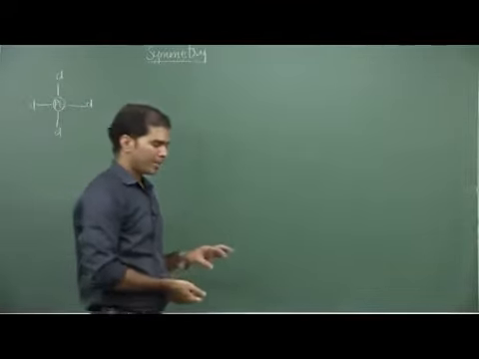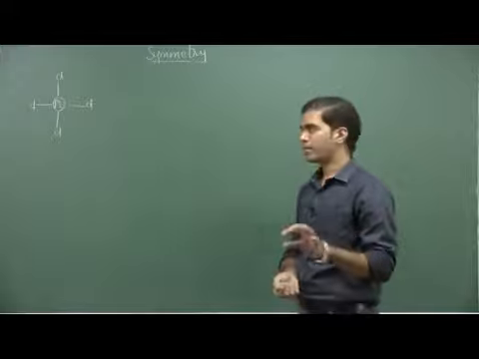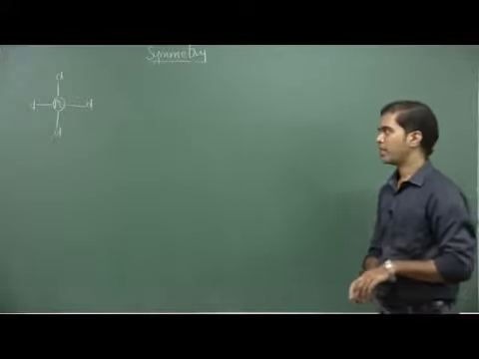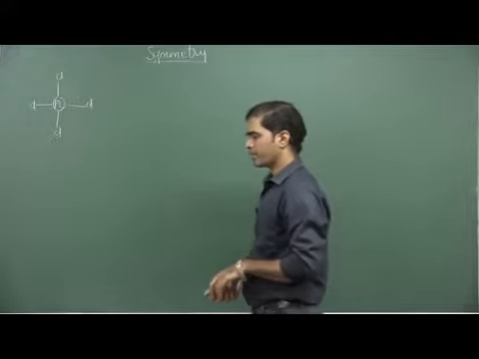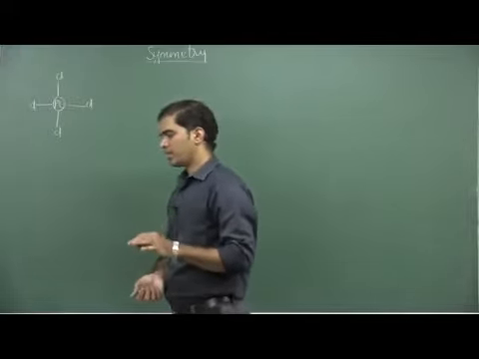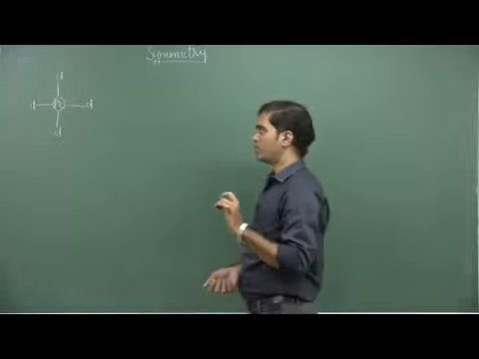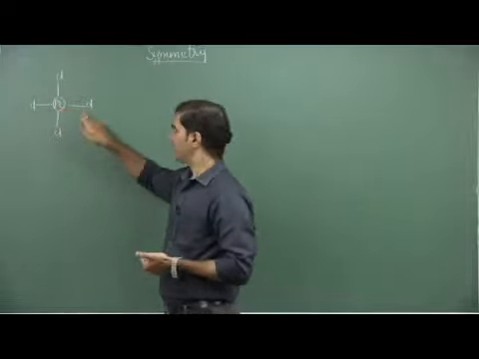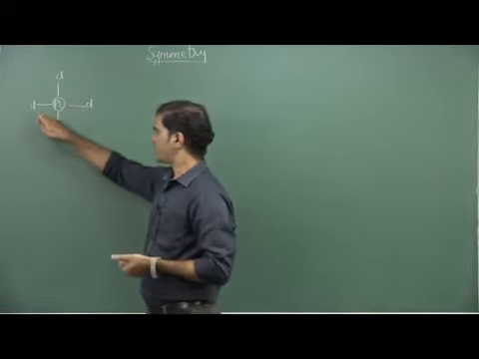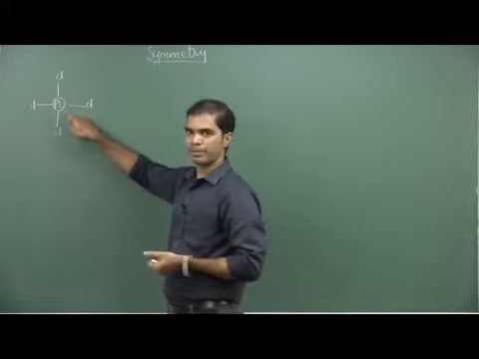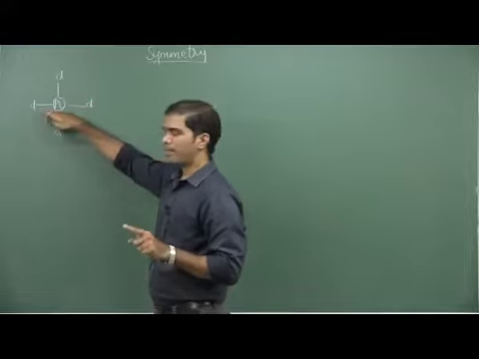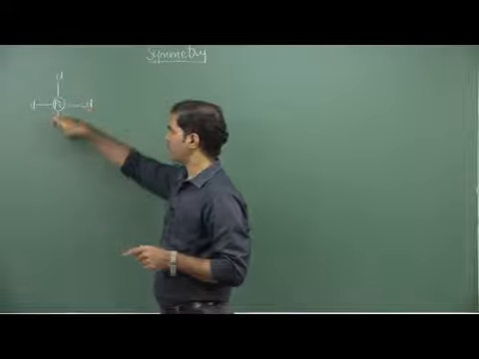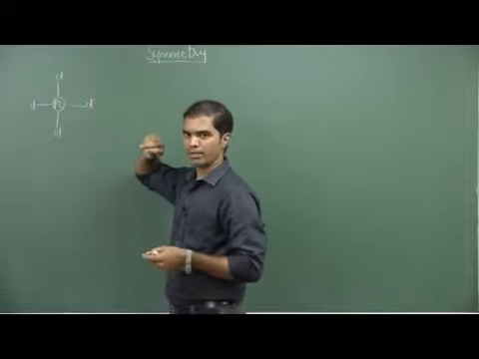Now before I put the structures, you can just take a while. You can check what different kinds of rotational axes are present in PtCl4. The logic that you have to remember is, from the stereographs, platinum is the central atom. There are 4 other atoms which are bound to platinum, and all these 4 atoms are identical. They have a square relation. If you look very carefully, they have a square relation.